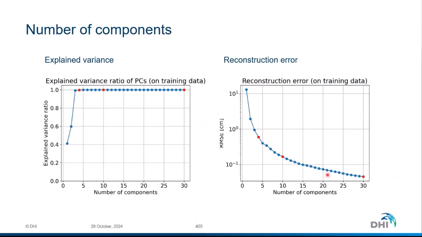And this plot shows the reconstruction error. If I have my data and I project it to the latent space and just project it directly back without doing anything with regression models, then this is my error just from the projection. Of course, I want this error to be as small as possible, because my surrogate will, in the end, never be better than this reconstruction error.